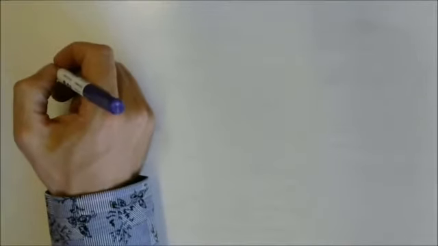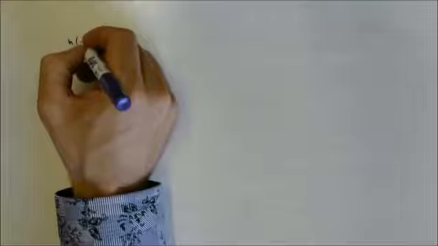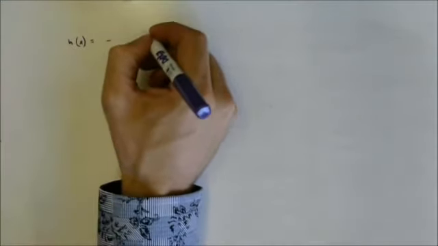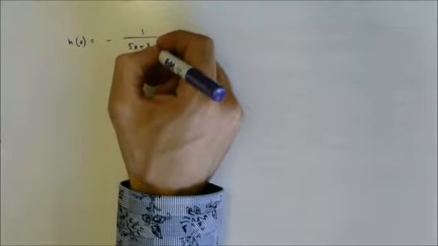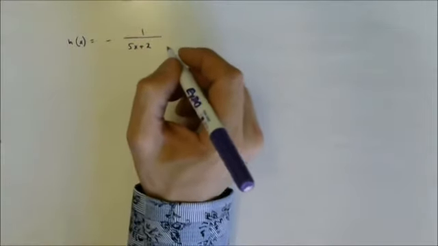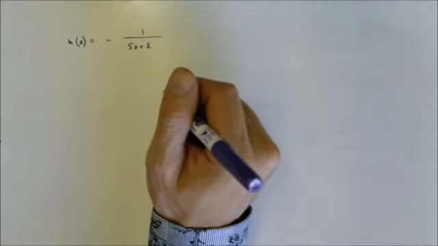Okay, so we're looking at the rational function h of x equals -1/5x plus 2. We know it's going to have 2 branches. Okay, they're on either side of the vertical asymptote.